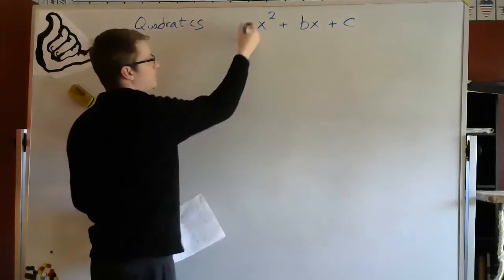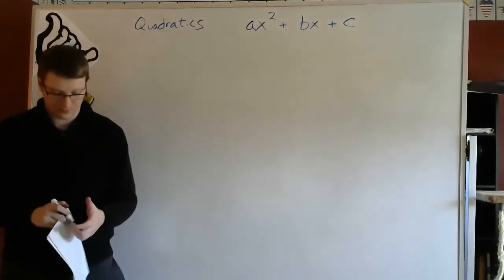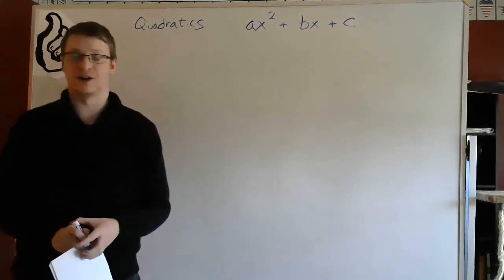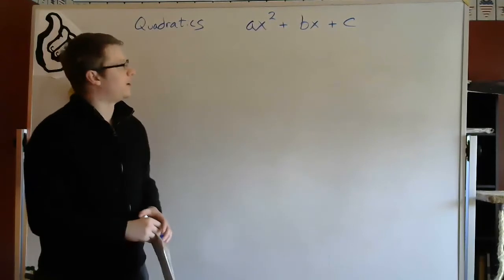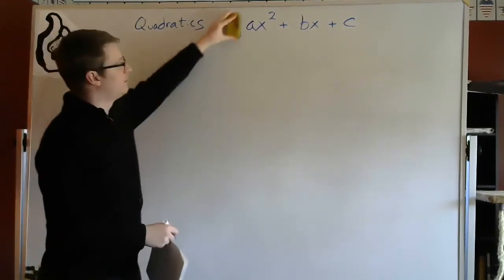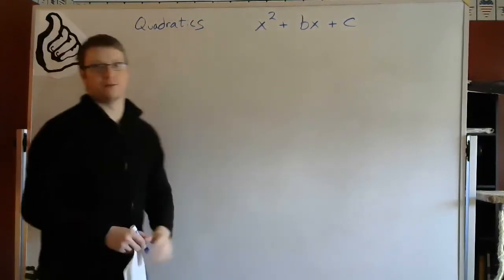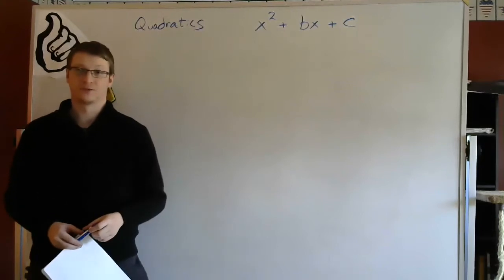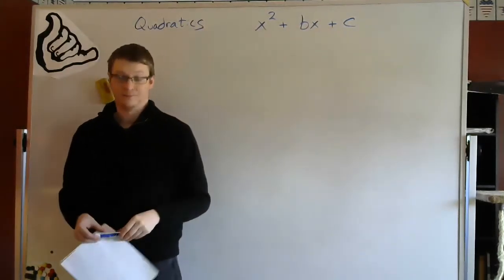Now, normally quadratics are going to have this a here at the beginning as well. So it's a times x squared plus b times x plus c, where a, b, and c can be whatever numbers they want to be. However, for factoring, we're going to look at the case when a is 1. So we're going to take this away. So all of our problems here are just going to start with x squared. And then these two numbers are free to be whatever they want to be.